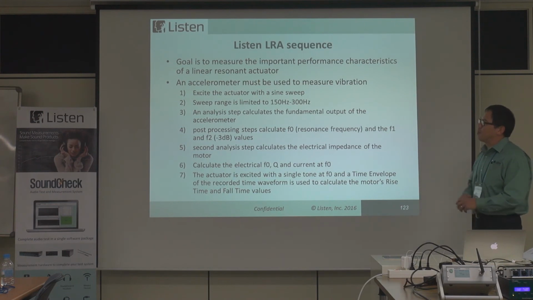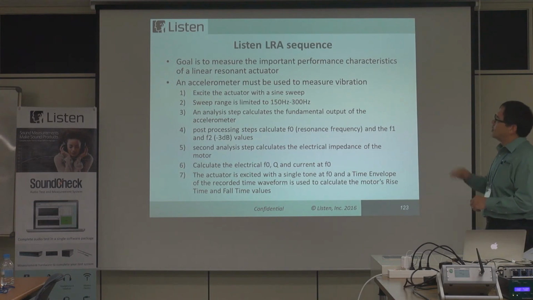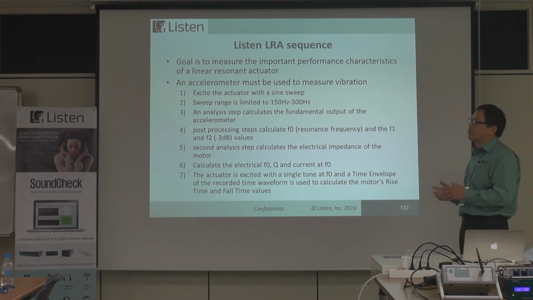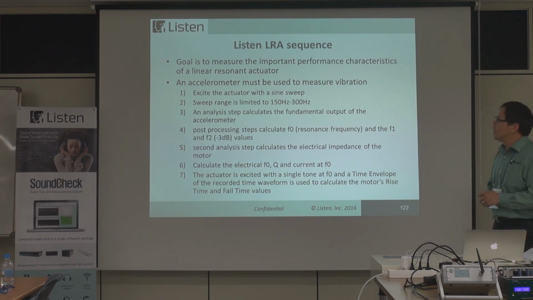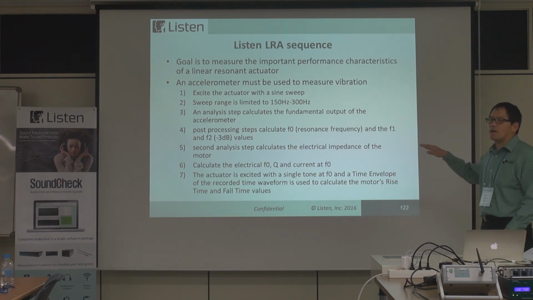So here's a quick overview of the sequence we've written for the linear motor. First step, we're going to run a sine sweep through the actuator, and we're going to limit that range from 150 to 300 hertz because we don't know where the resonant frequency could be. We'll calculate the fundamental, and this is built into SoundCheck.